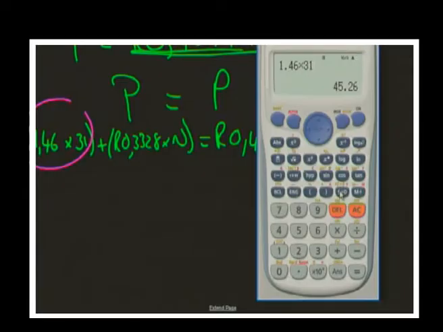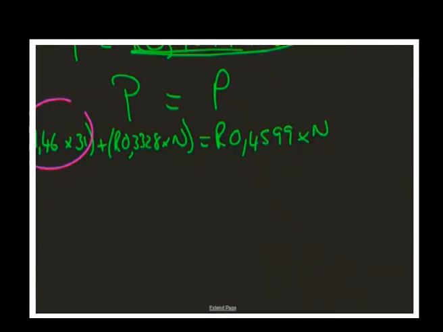So I'm changing this straight away to 45.26, and we'll leave it in rands. Plus, I'm going to make this 0.3328n. I'm going to leave out the times sign. Because whether there's a times sign there or not, if I've got a letter next to a number, we can presume that that means times.